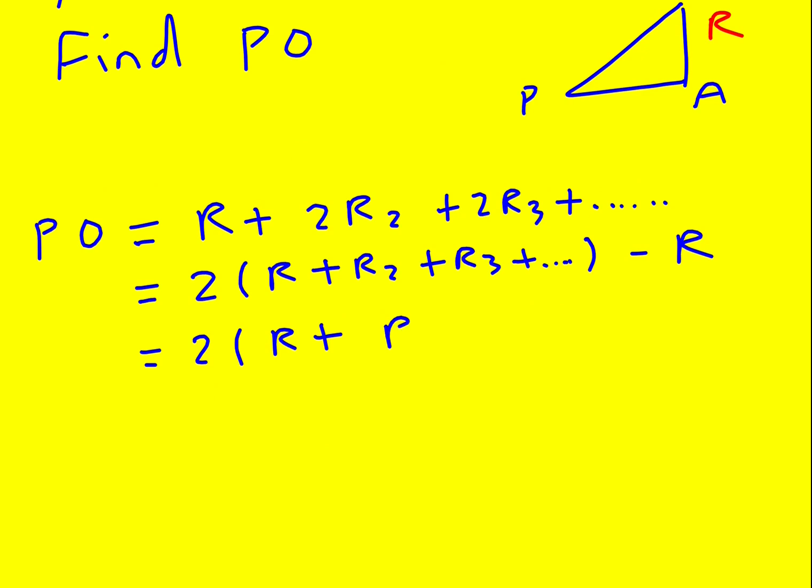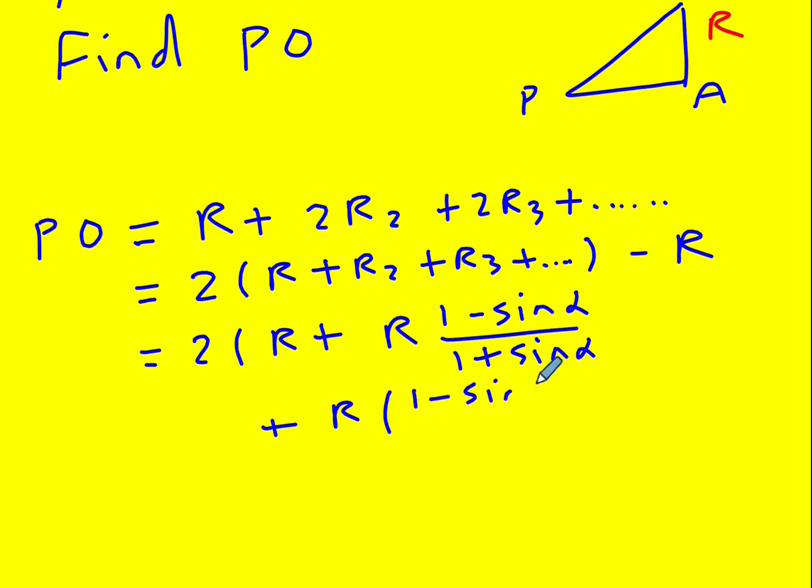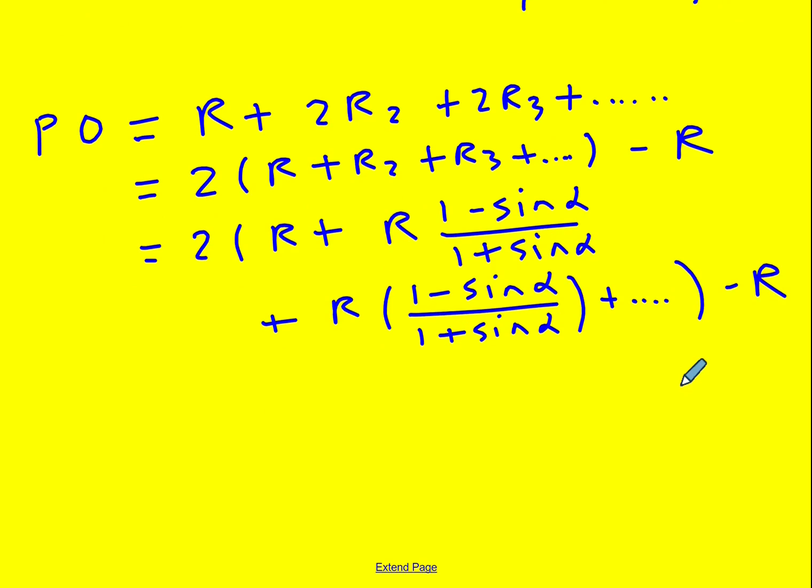So it's going to be R plus R1 minus sine alpha over 1 plus sine alpha, and then we just times by that again. Factorize out the R.